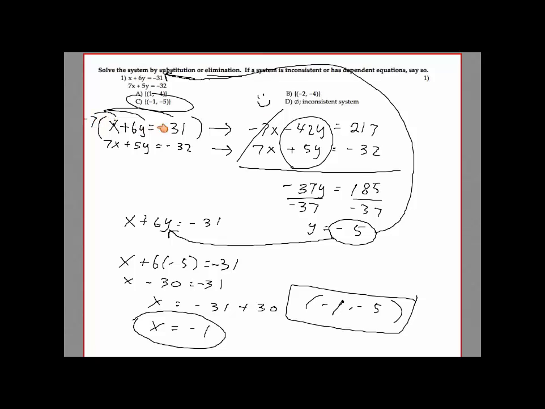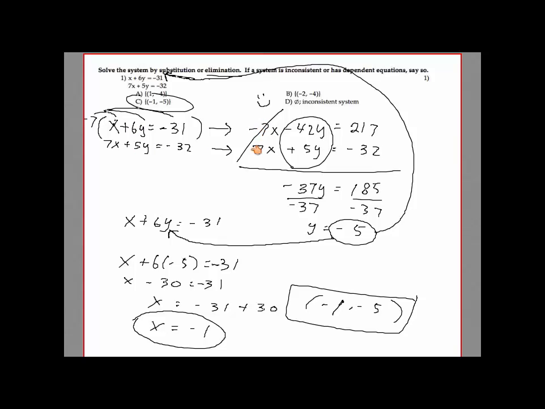So if I multiply the top row by negative 7, but don't forget the entire row must be multiplied by negative 7. That's why it just became negative 42, and this would become 217. Do you see that? Okay. Negative 7 times negative 31 would be 217. Negative 7 times 6 equals minus 42.